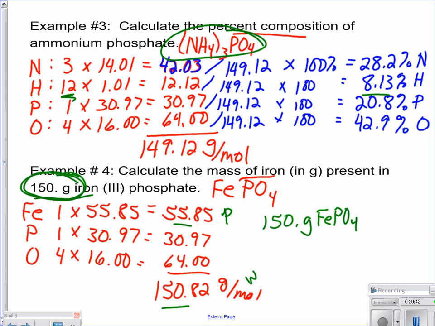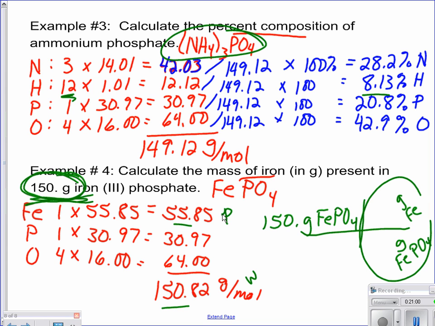So in other words, I just wrote this down. Well, I don't want it in grams of iron 3 phosphate. I want it in just grams of iron. So by setting up with dimensional analysis, I am doing the exact same thing. I'm taking my percent iron times my original mass. So my percent iron, remember, is just that 55.85.